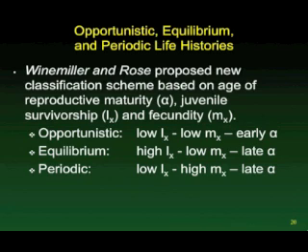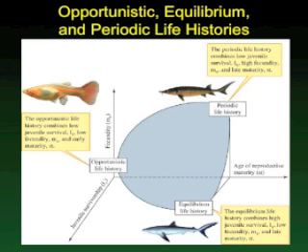If you look at figure 12.21 in your book, they bring together the ideas of fecundity, or the reproductive rate, the number of eggs in an individual, and compare that to the age of reproduction, their reproductive maturity, the alpha, and juvenile survivorship, the lx.